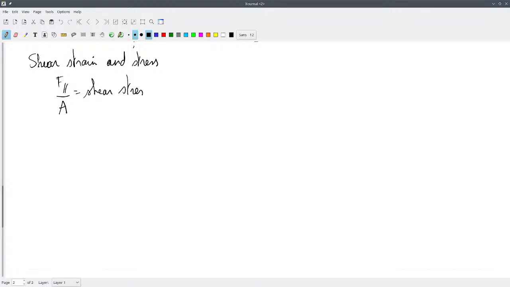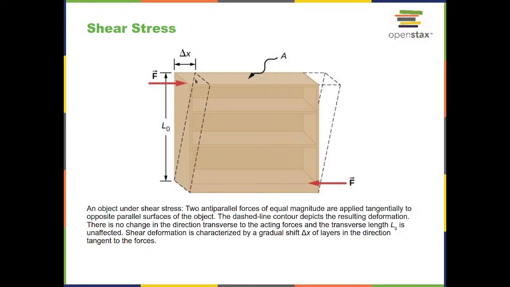Shear stress. Really should not make those mistakes. So now the shear stress is due to a force parallel to the area that is considered the area A. That will cause a shear strain, which, if we use the notation here, will be a delta x over L0.